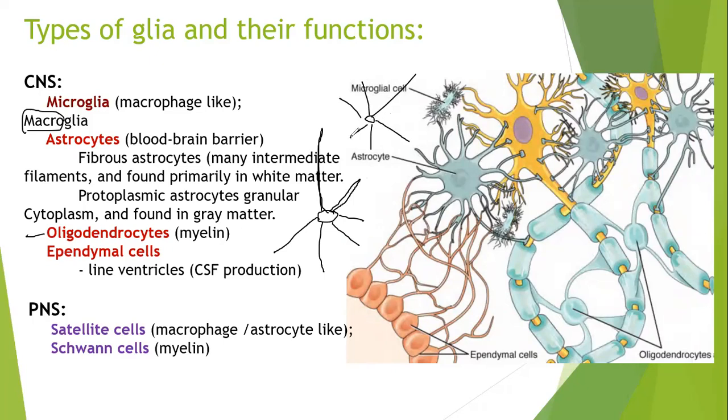Now, when any of these extensions encounter something that is unwanted, it will send information to the cell body. And it will start pulling back these extensions.